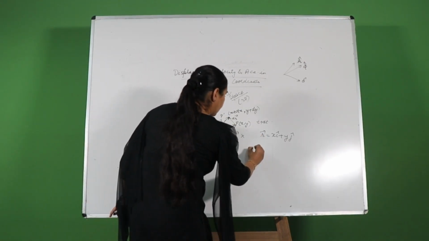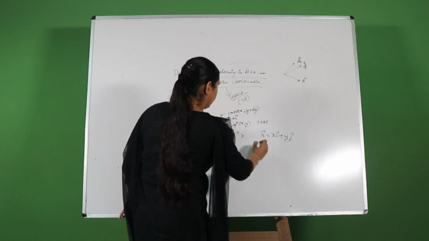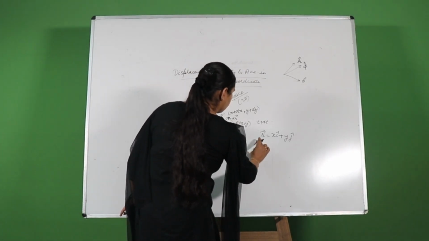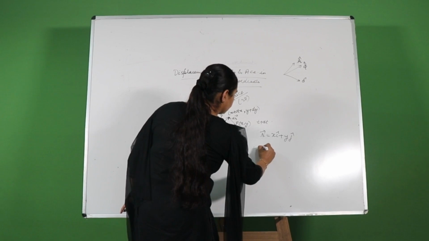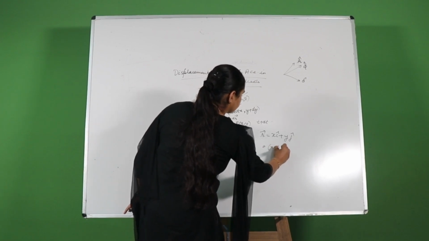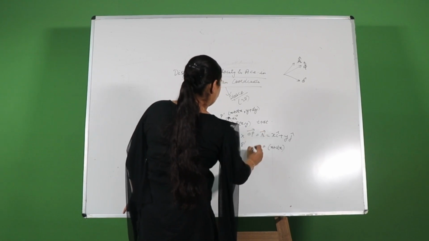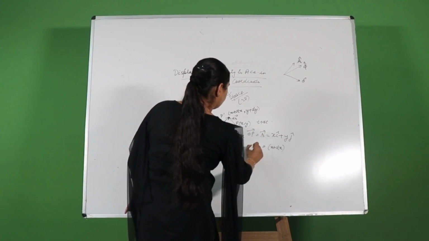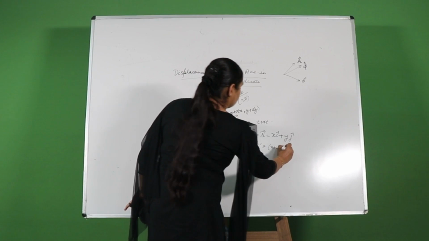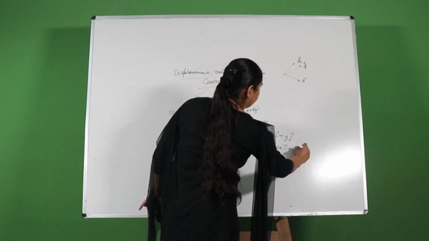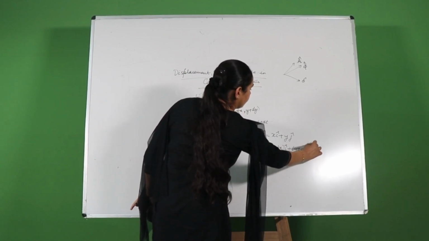The position vector at P dash, this is my OP dash, is (x plus dx) i cap plus (y plus dy) j cap.